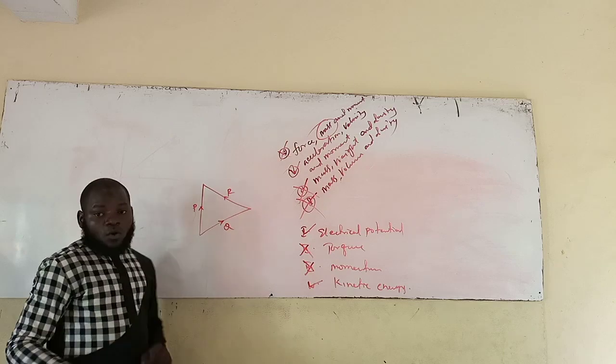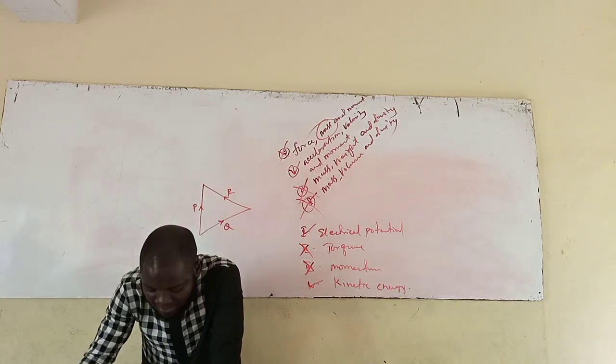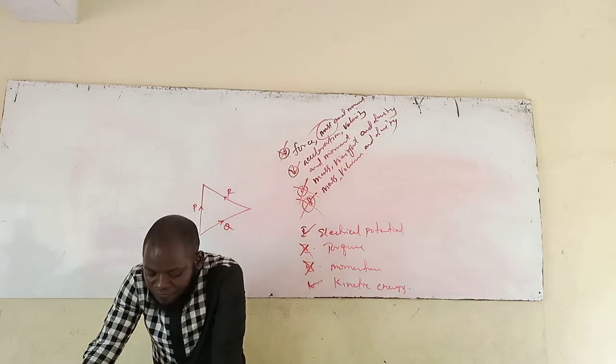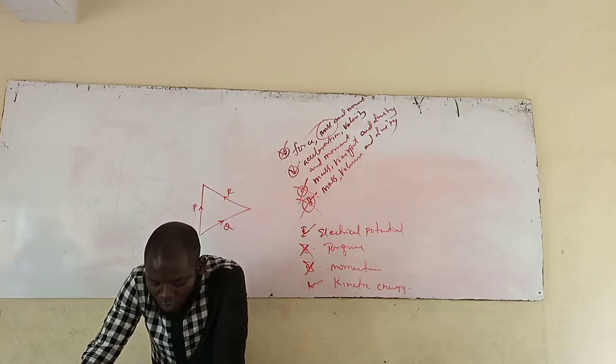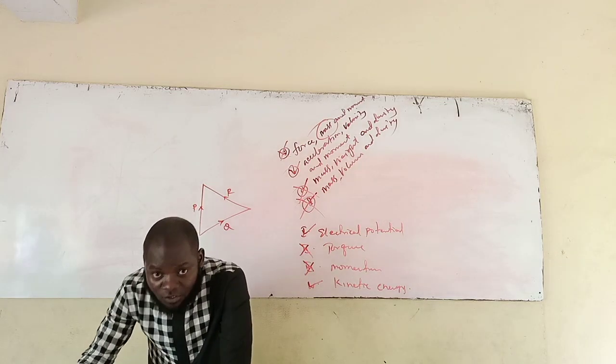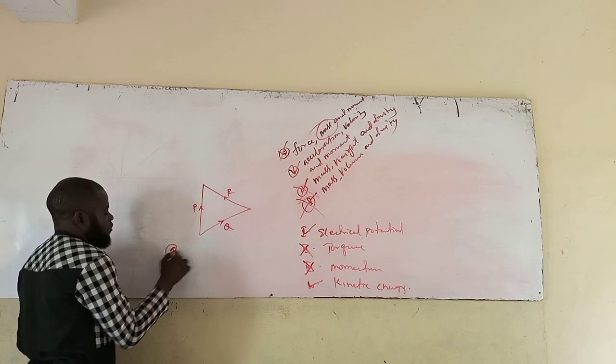So, what is the question? Can you see the diagram clearly? Yeah. The question states that in the diagram, P, Q, and R are vectors. Which of the following options give the correct relationship between the vectors?